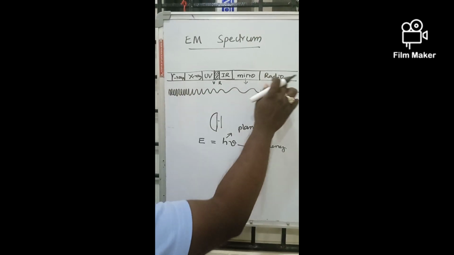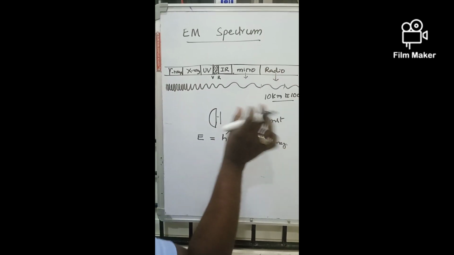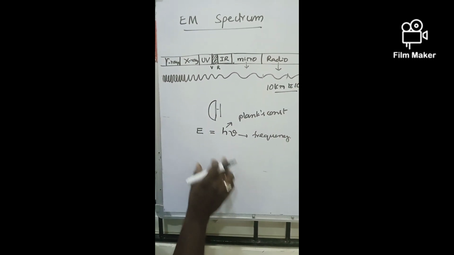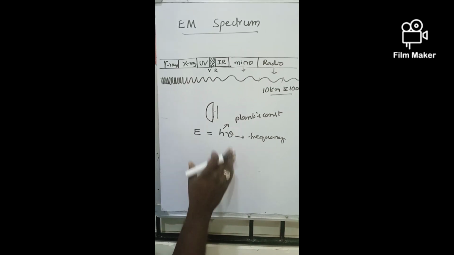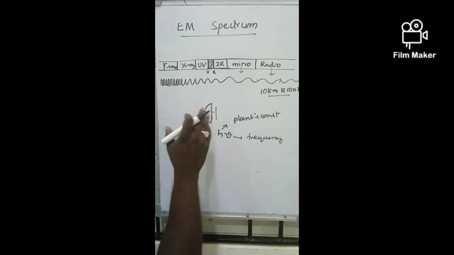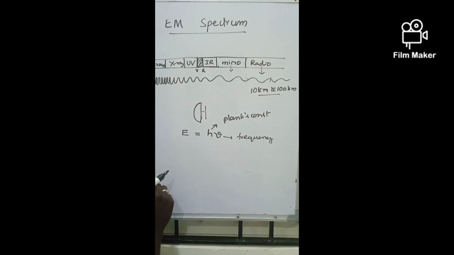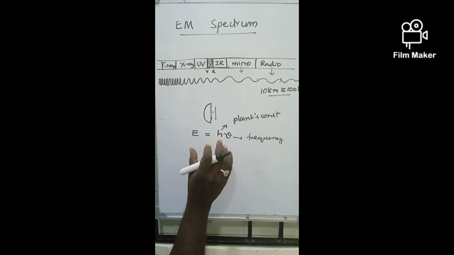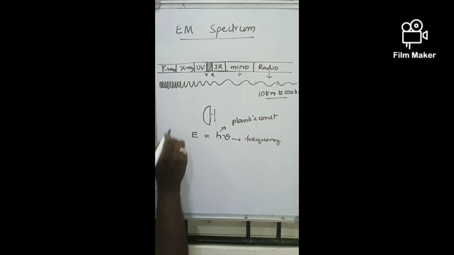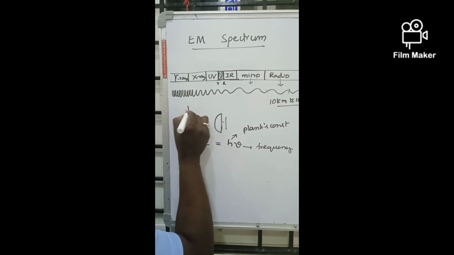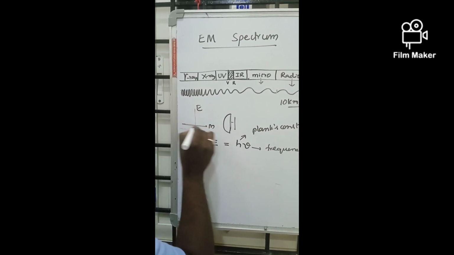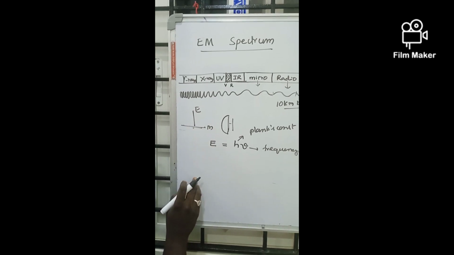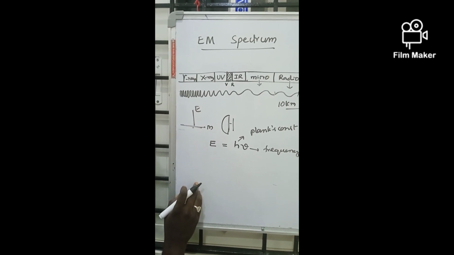All these electromagnetic radiations have the same frequency, whereas the speeds and wavelengths vary. They are produced due to the oscillation of electric and magnetic fields in perpendicular directions.